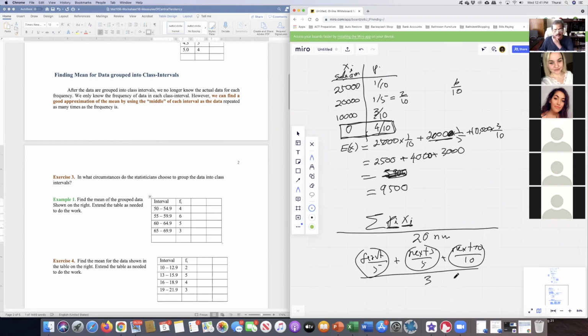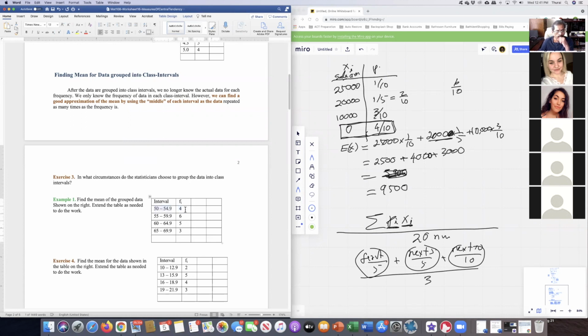But normally we have no reason to do that. But here, when the data is grouped into intervals, we're going to have to use that kind of idea. This interval has 4 data in it. That's what it means. The 4 data can be spread within this. One of them could be 51, the other one can be 54.